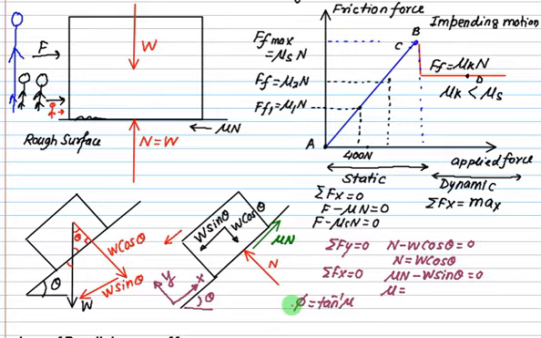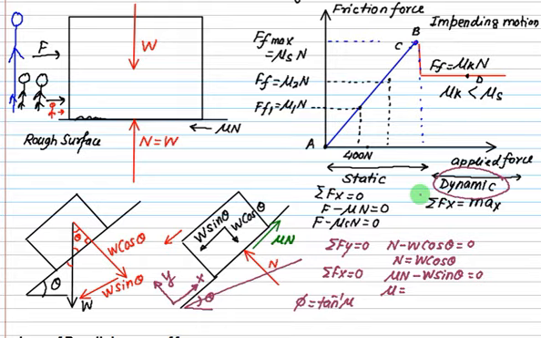Is it correct? Neither sliding, nor in motion. But if this angle theta is greater than phi, then what will happen? The body will start moving. So the body will start moving, so you apply this equation.